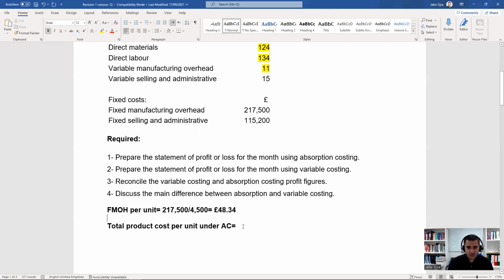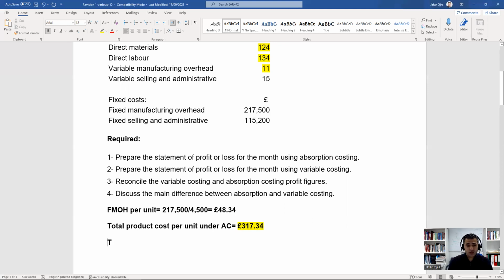And that makes 317 pounds and 34 pence. So that is the total product cost using absorption costing. And this number, we use it when we prepare a statement of profit or loss under absorption costing.